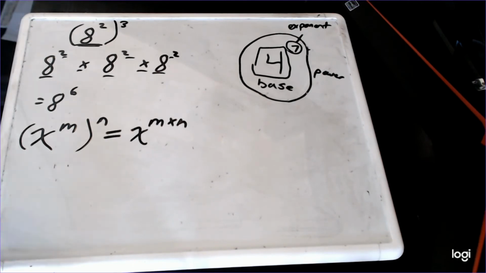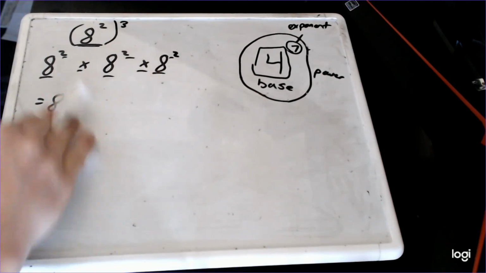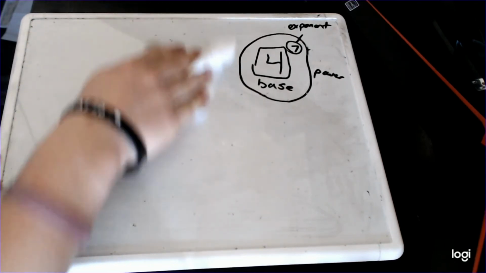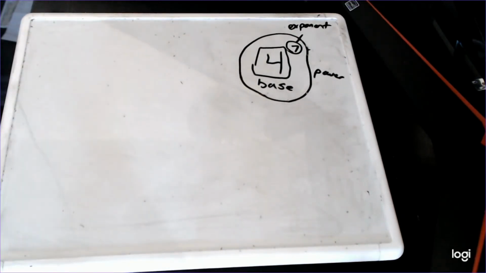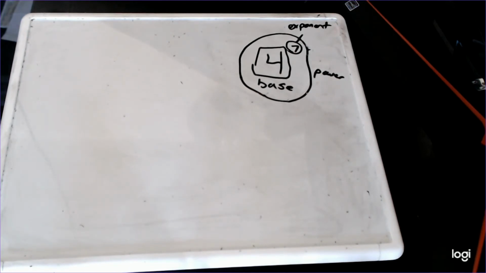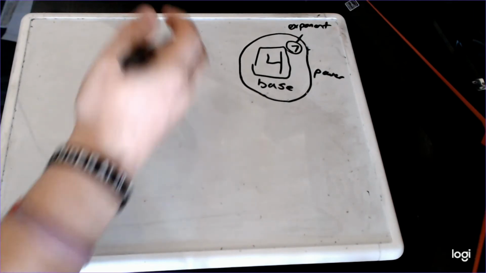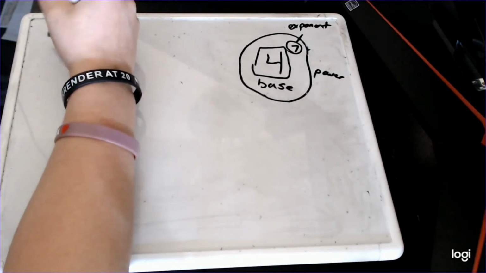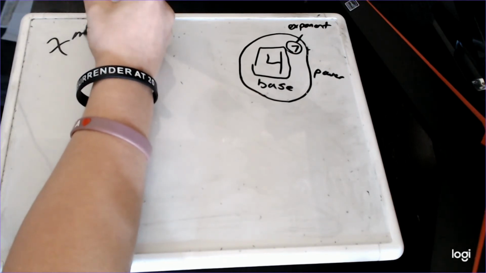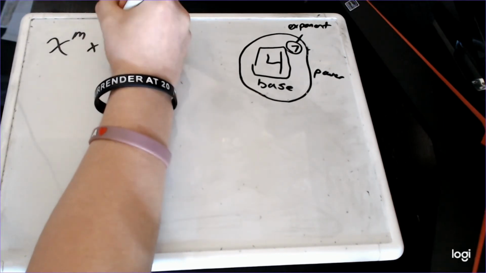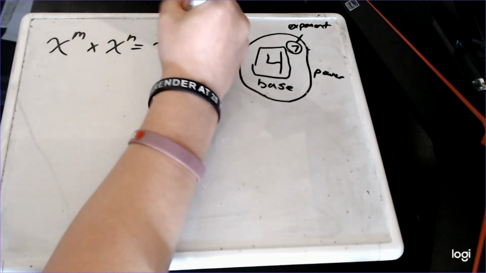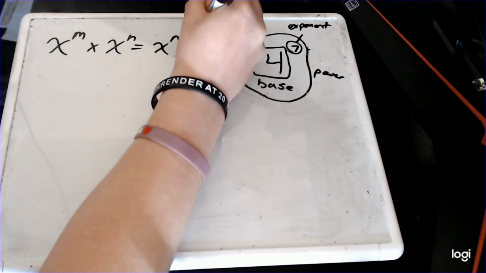So, our next thing that we're going to do is we're basically done. We're just going to write out all of our general equations that we've come up with over the course of this lesson. So we have our multiplication rule, x to the m times x to the n equals x to the m plus n.